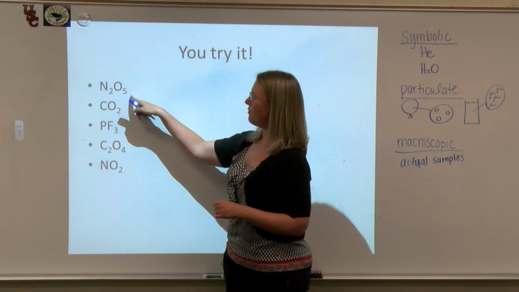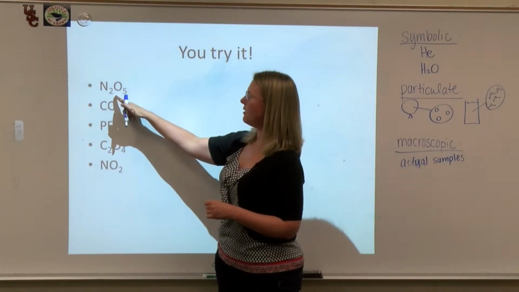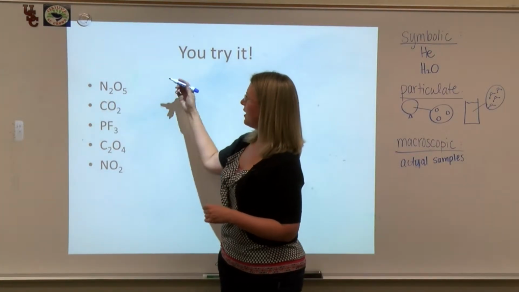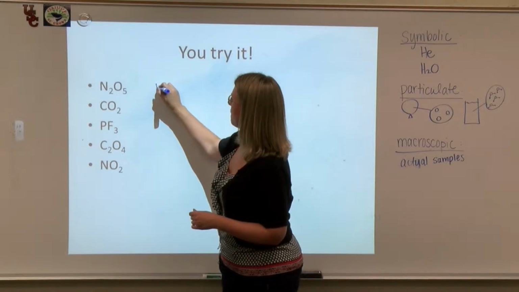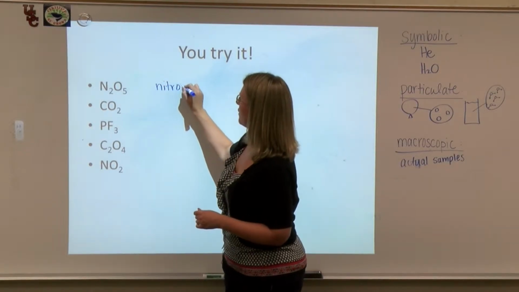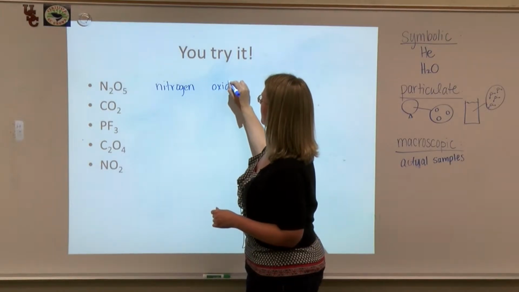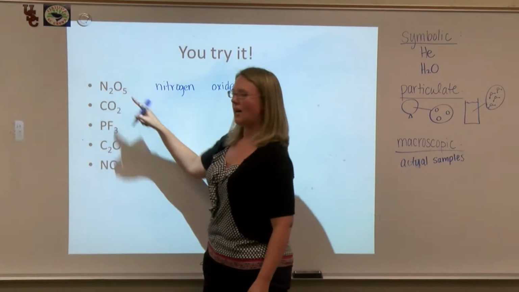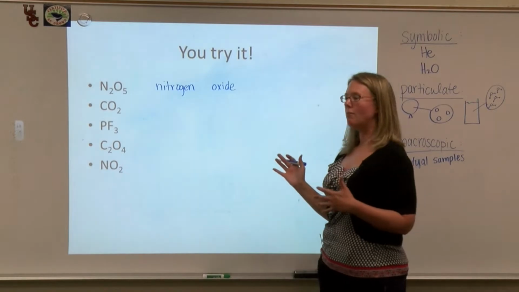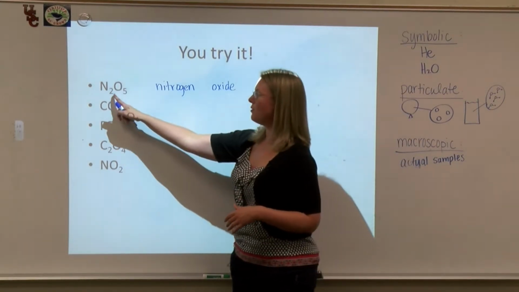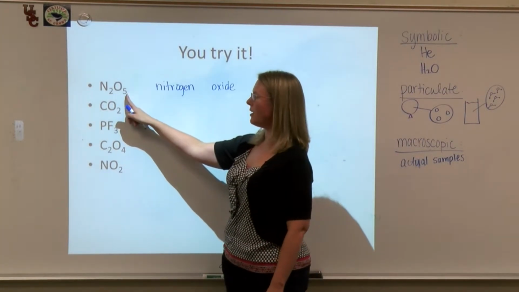N2O5, we would name this nitrogen oxide, right? Because we named the first element, named the second, and changed the ending to "ide." But since nitrogen and oxygen are both nonmetals, they're both above that staircase, we have to use numerical prefixes to tell how many we have.